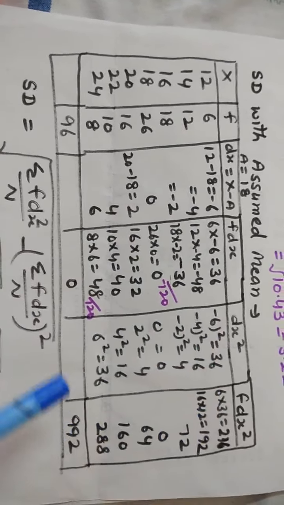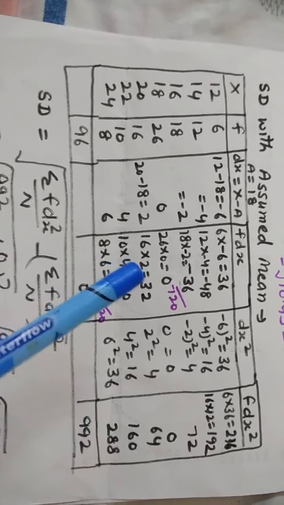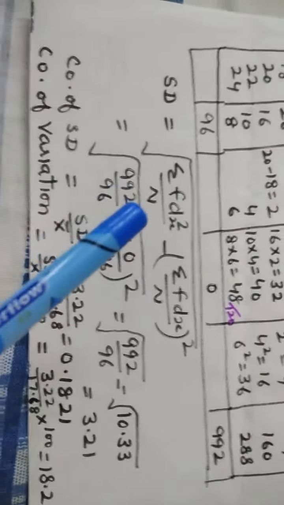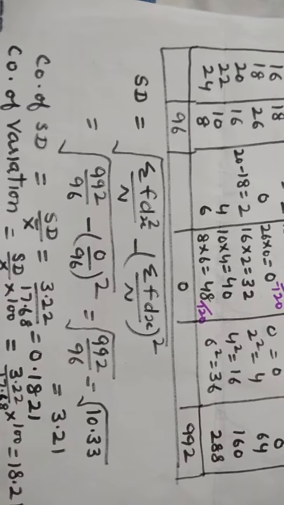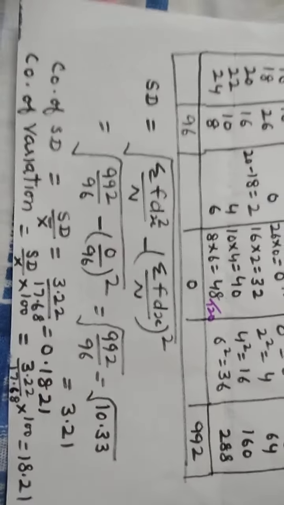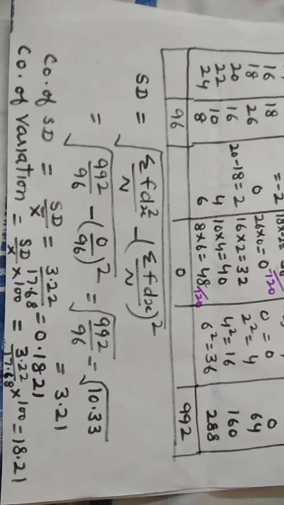We get these values. Summation f dx square 992. Summation f dx is 0. Apply formula standard deviation f dx square over n minus summation f dx over n whole square, whole under root. By putting value, we get 18.21 as standard deviation.